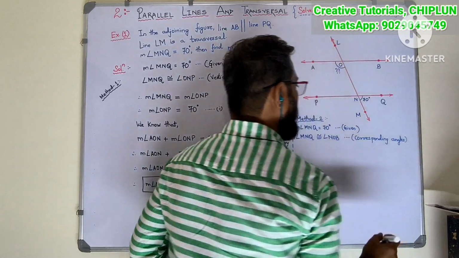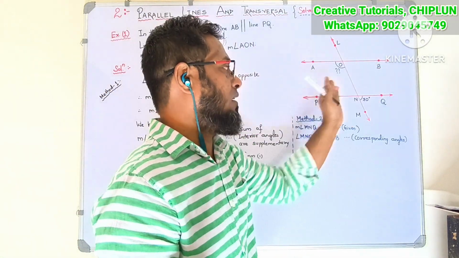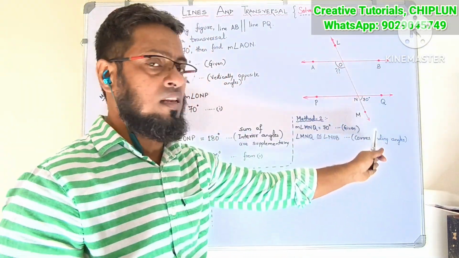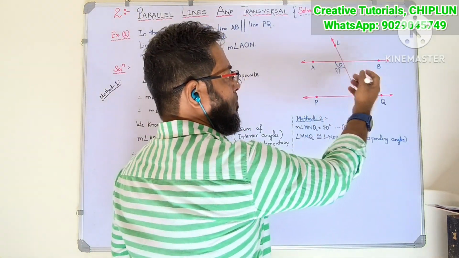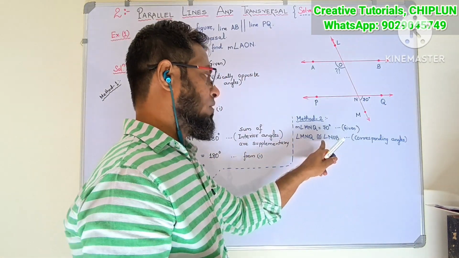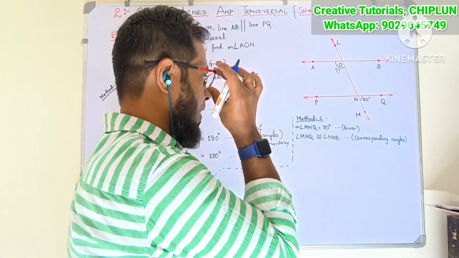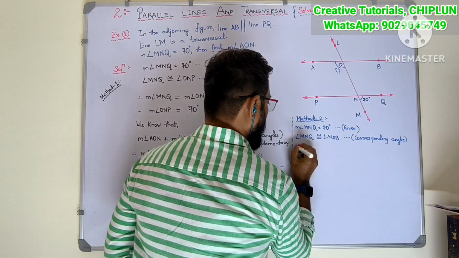Remember our previous video, where the first property says that whenever there are two parallel lines and one transversal intersects these lines, whatever pairs of corresponding angles are formed, they are congruent. So that first property I have used over here. Since the angles are congruent, their measures will be equal.